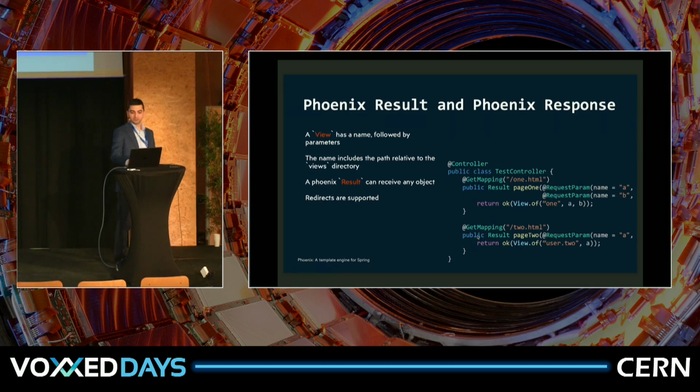For example, in the second example, the template is in the user directory. And you have utility classes for returning status code 200 OK, 404 not found, any HTTP status code you want, and even redirects are supported. This way, from your controller, you just return a view with ease, and the template gets rendered with all the input parameters you sent.